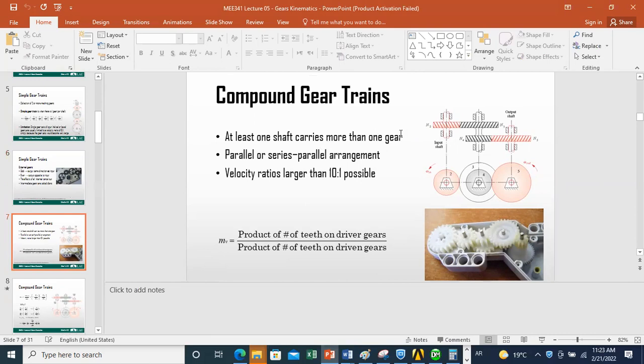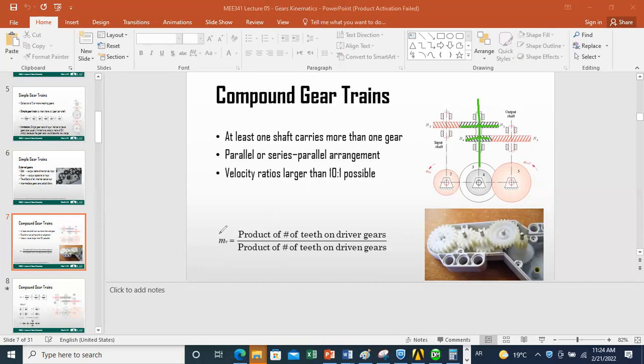In this case we have a parallel or series-parallel arrangement. As you can see here, for this shaft you have 2 gears connected to the shaft. So whenever you have one shaft carrying more than one gear, this is a compound gear train.